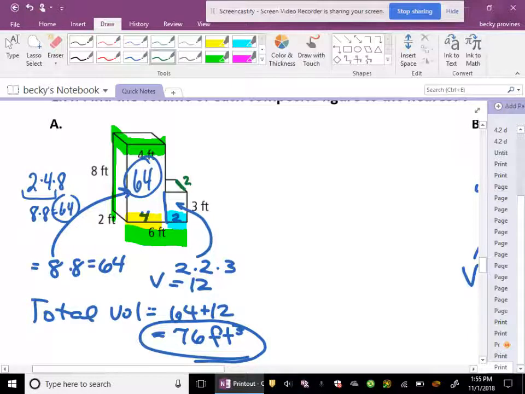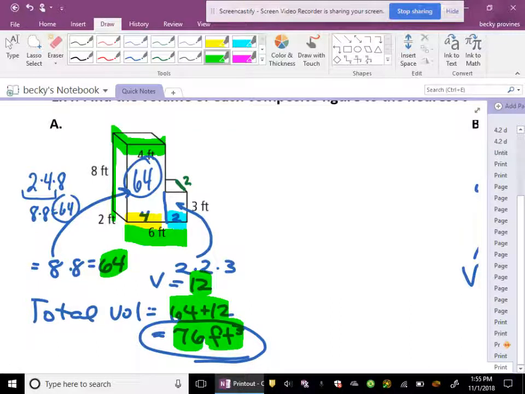So 2 times 2 times 3 is 12. Okay, so I'm going to take my two answers that I just found and add them together and get 76 feet cubed. All right, I hope that made sense. So again, you're just finding the volume of the pieces individually, and then you're going to add them together.